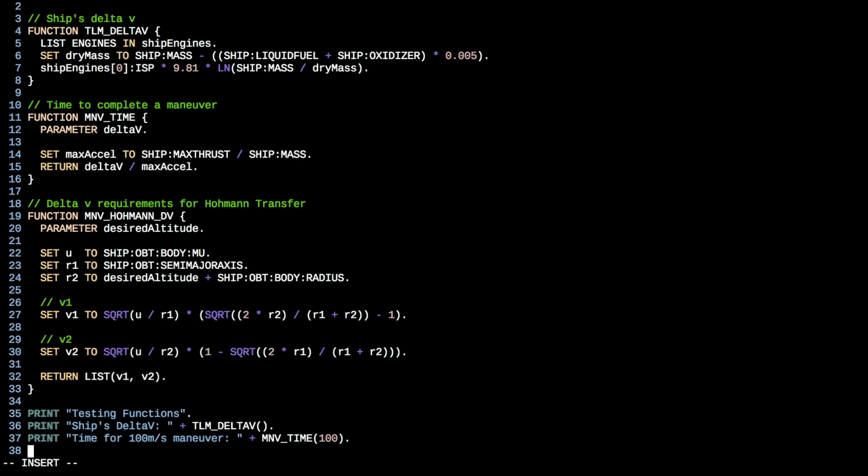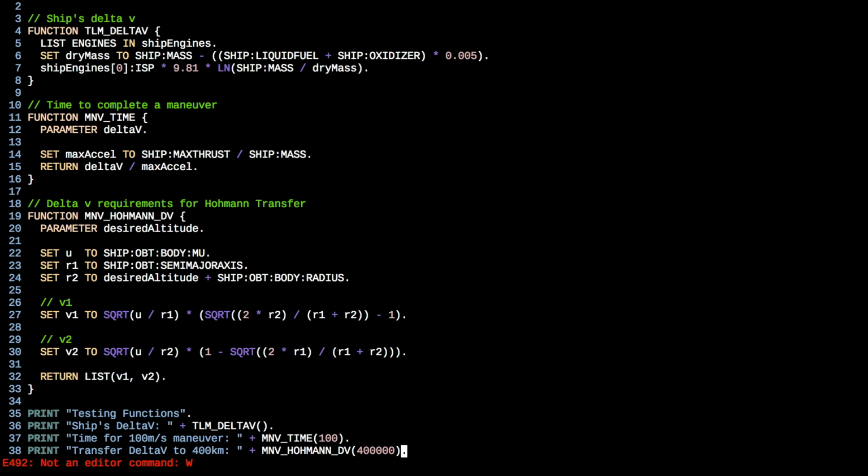Then we'll say print transfer delta V to, and let's make it 400 kilometers. So if we were going to transfer to a 400 kilometer orbit, then how much delta V would it require for both of those steps? So we'll say maneuver, Hohmann DV, and we'll pass it in that 400 kilometer value.